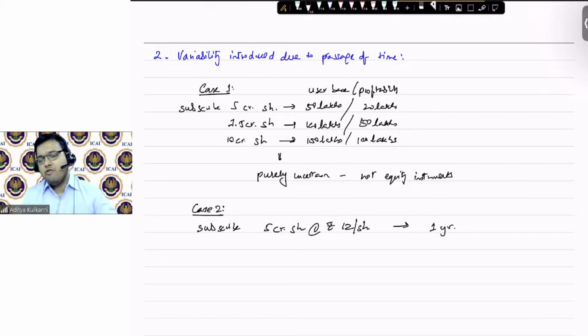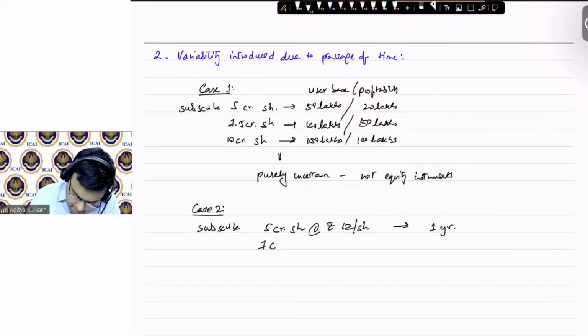But I still have faith in you, and therefore I believe you can touch 100 lakh users and 50 lakh profitability. Now these are not mentioned in the terms of the contract, but to give the investor an incentive, another option is there wherein I will subscribe to 7 crore shares at rupees 14 per share at the end of 2 years.